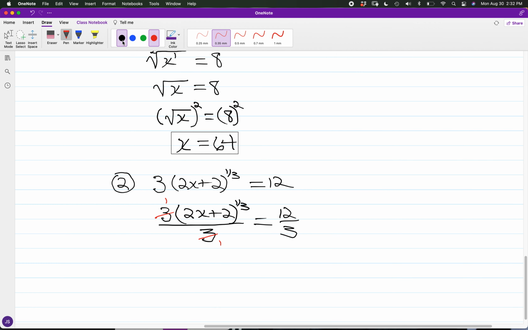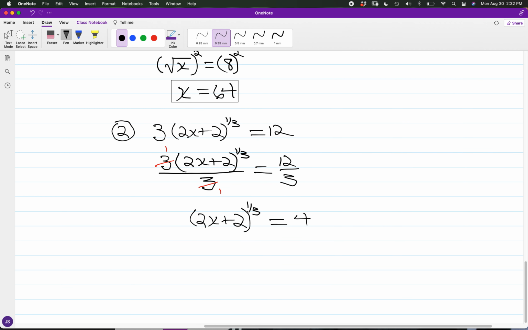So we had the quantity 2x plus 2 to the 1/3 is equal to 12/3, which will go to 4.